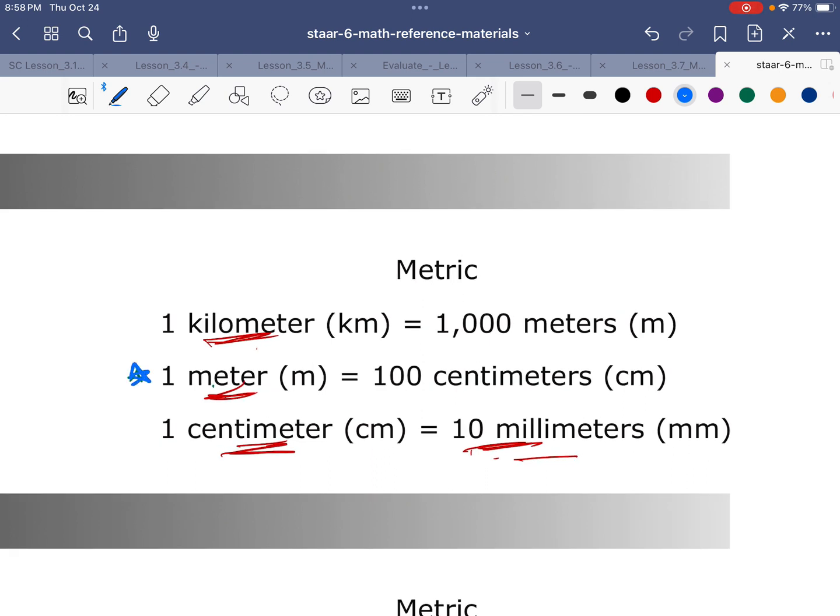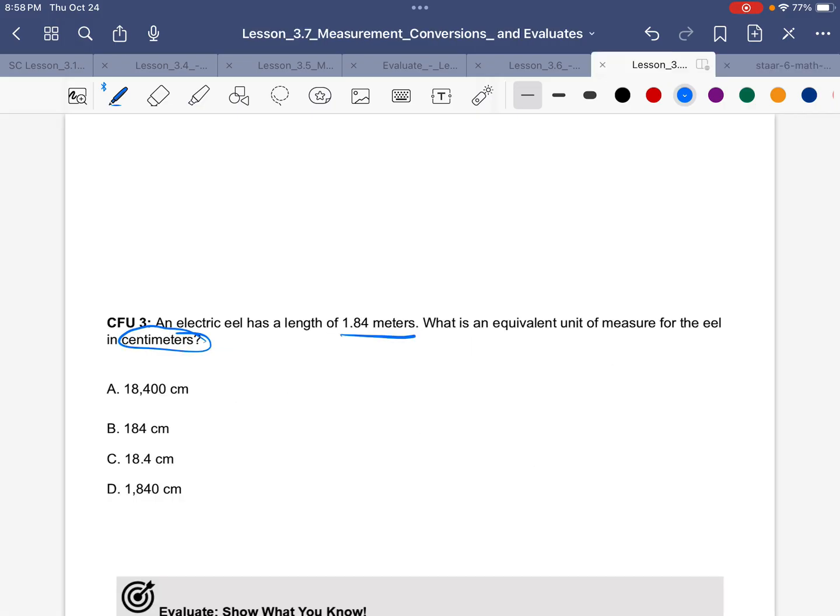Meter to centimeters. 1 meter is 100 centimeters. 1 meter, 100 centimeters. So what you got to do now is, again, plug in what you know. We know our meters, and we do not know our centimeters.